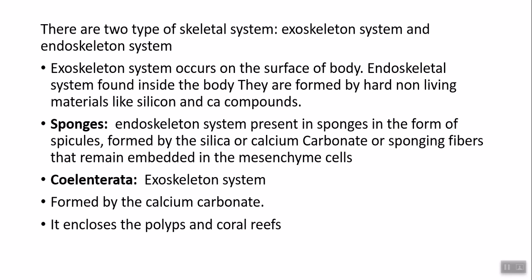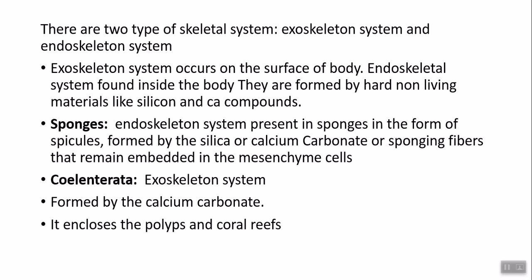The endoskeletal systems are those in animals whose skeletal systems are totally found inside the body, covered by the tissue. The skeletal systems are made up of non-living materials like silica and calcium compounds.